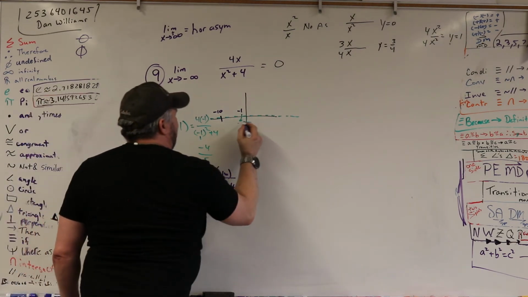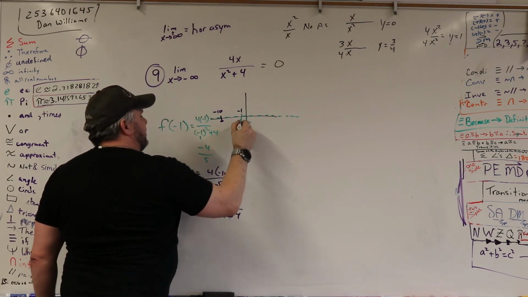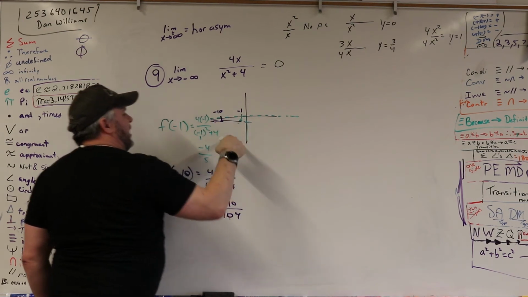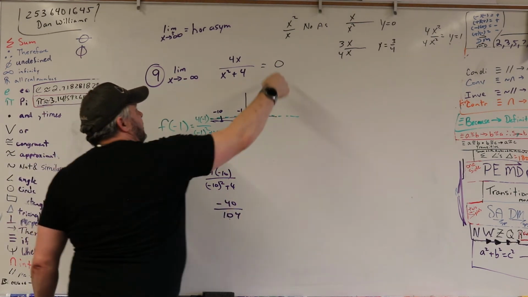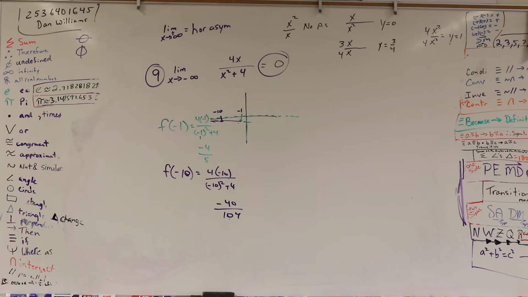So is it closer to this point? Yes. It's coming closer and closer to your horizontal asymptote, which is 0.